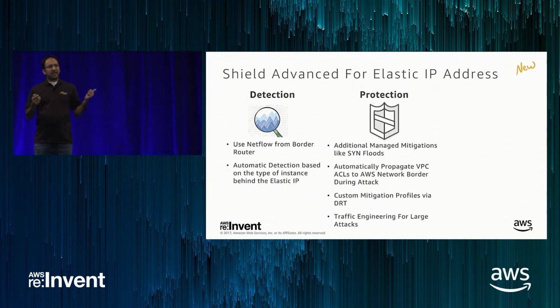Here, custom mitigation profiles are mitigations like, for instance, let's say that you have your applications and you know that there are some trusted clients or trusted IPs or trusted customers who you want to give preferential treatment, or maybe you only see traffic from these known sources. You can define a mitigation profile that says these are the trusted clients, and always give them a higher priority during a DDoS attack.